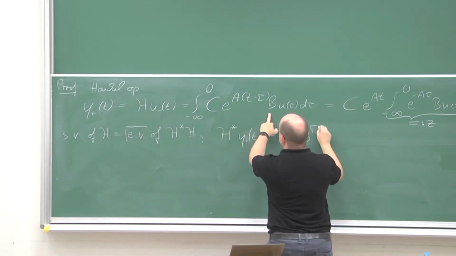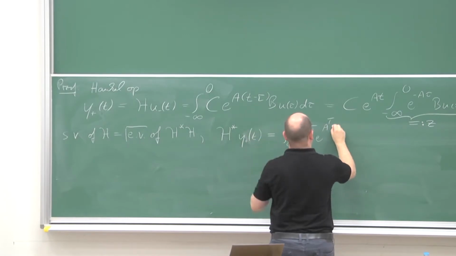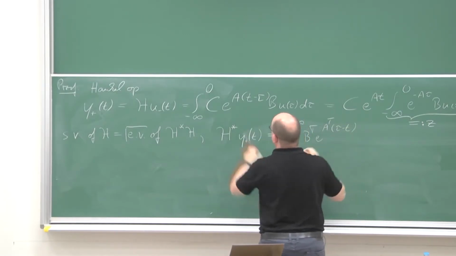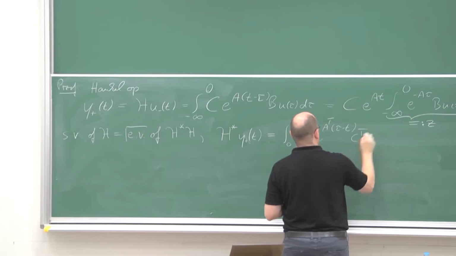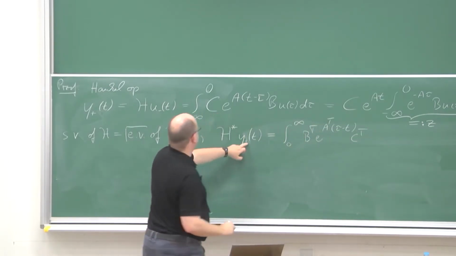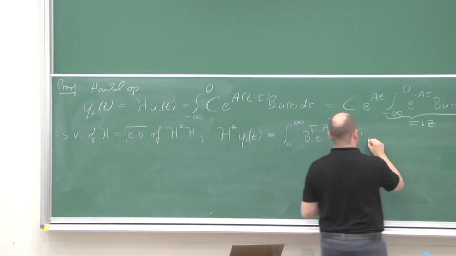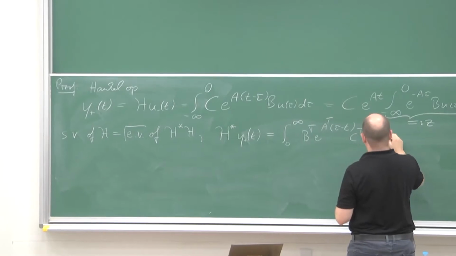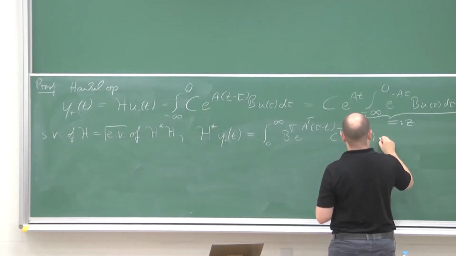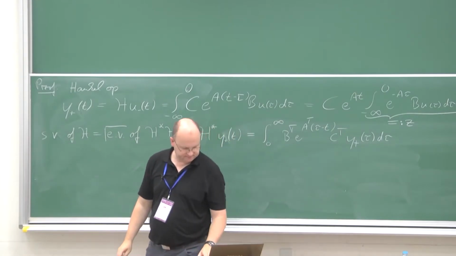B transpose, e to the A transpose, reversing time, tau minus t, C transpose, and then you apply now to y plus, so that comes here. Okay, that's the adjoint operator.